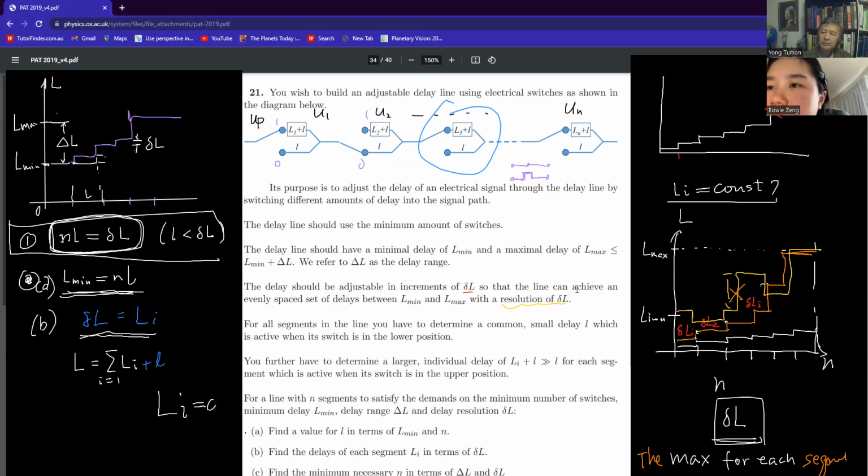It is not a constant. It's just equal to Ln. So i is an integer, but L is a constant? It's not a constant. It's different for each segment. Oh wow, there's no formula for this.